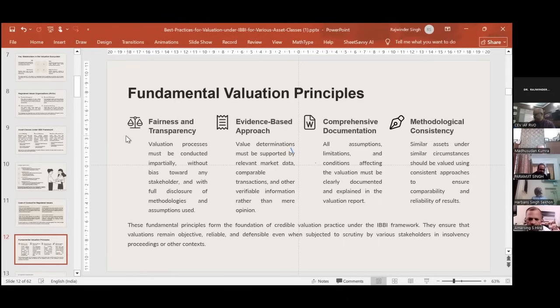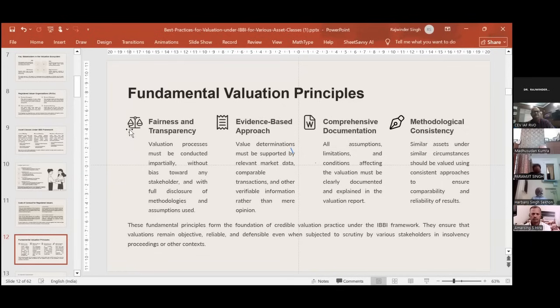And then everything you have assumed should be mentioned in your documentation. And similar assets under similar conditions should be valued using the same consistent method. So there should be methodological consistency in your valuation report.